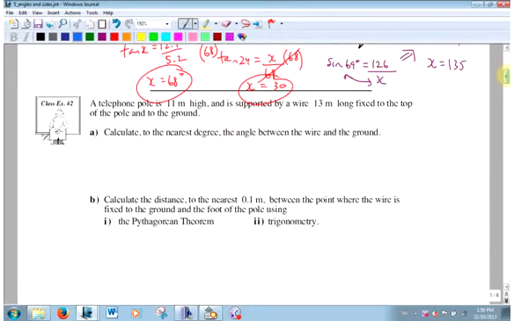Okay, telephone pole. You guys know what this is? Have you ever seen a telephone on top of one of these poles? Way back a long, long time ago, we actually could not speak on a phone unless it was connected with a wire. Can you believe that?